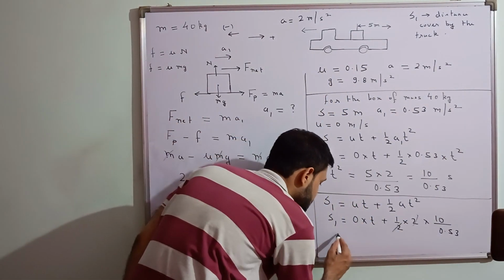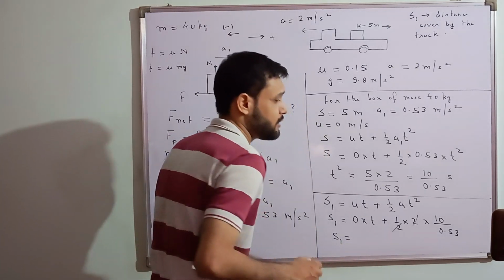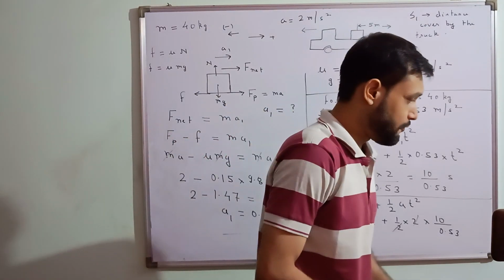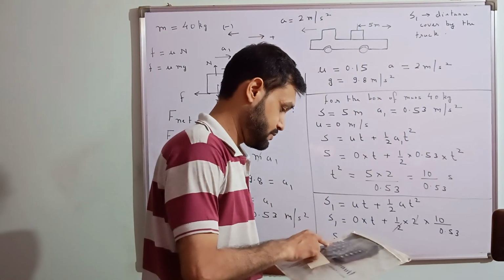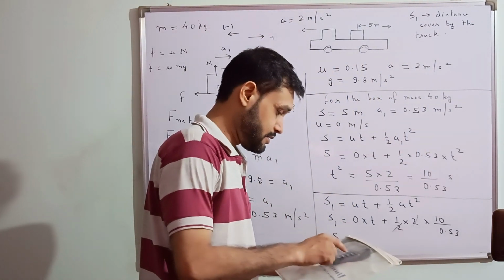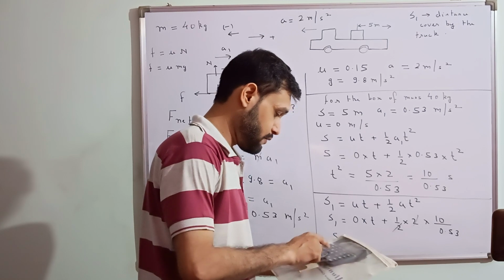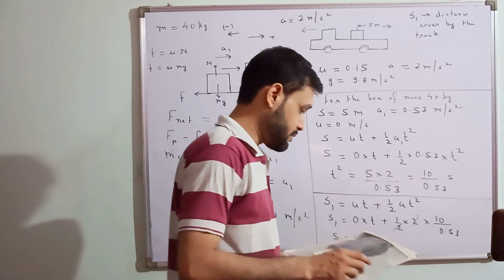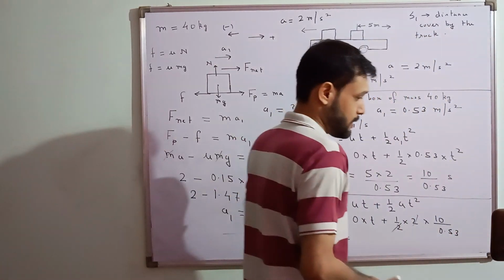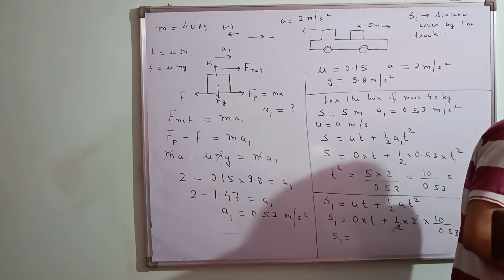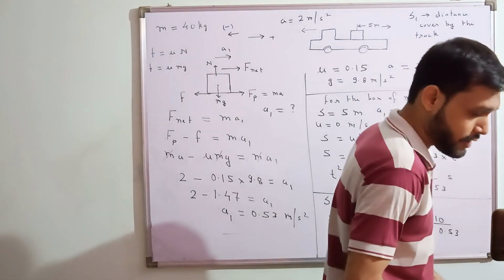We just have to solve this value. S1 is equal to 10 divided by 0.53. If you solve the value 10 divided by 0.53, how much are you getting? I am getting 18.86 meter. Okay. 18.86 meter.